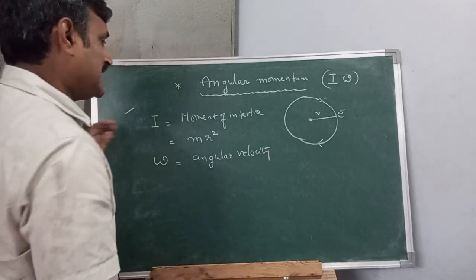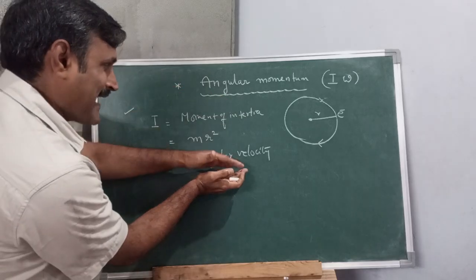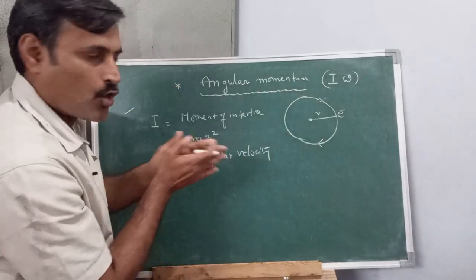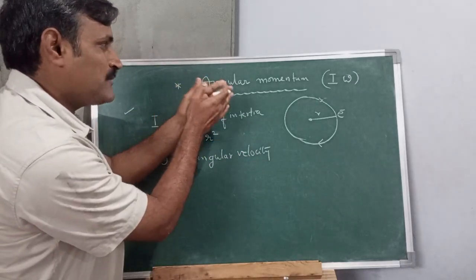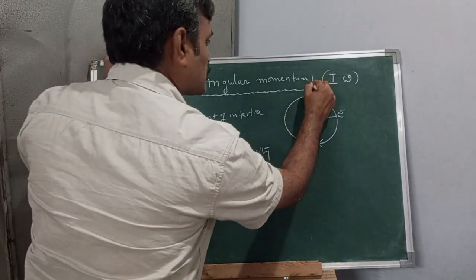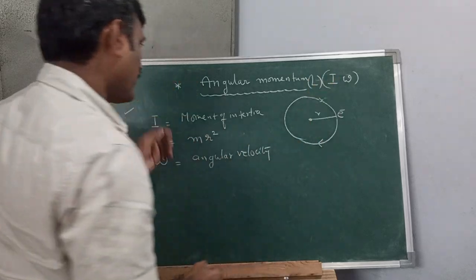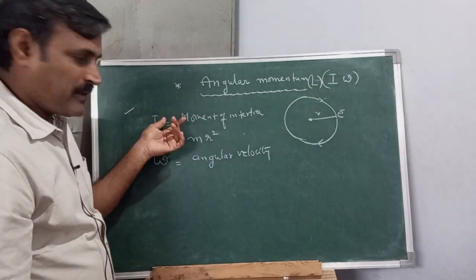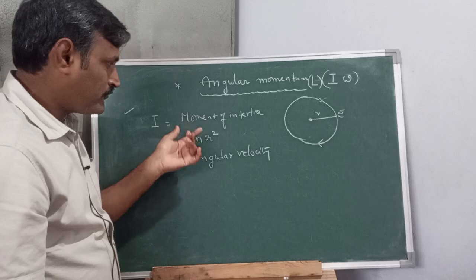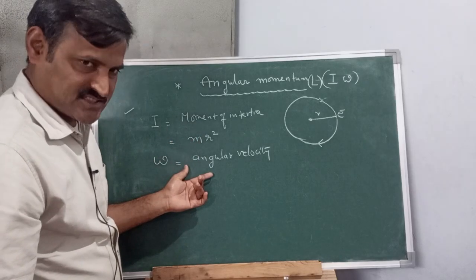The product of moment of inertia and angular velocity is called angular momentum. The symbol given to us is L. We can call it angular momentum, obtained by the product of moment of inertia and angular velocity.